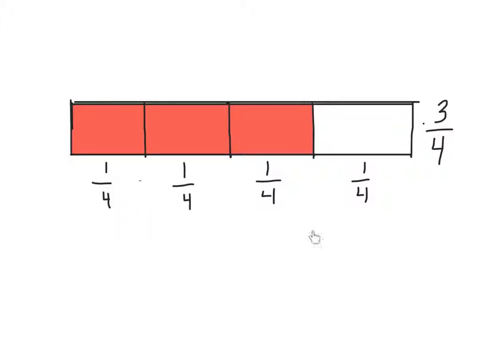So our denominator, which is 4, is telling us that the whole consists of 4 parts. And of that whole, the parts that we need are 3. So the shaded areas in red are depicting 3 of the 4 parts, which is 3/4.